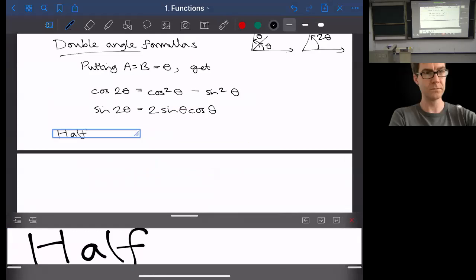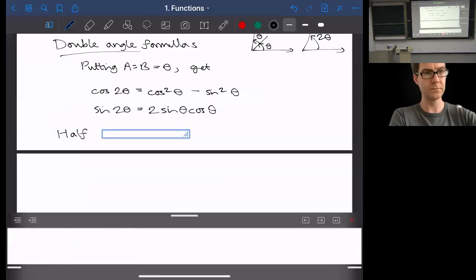So that lets me calculate from sine and cos for theta, lets me calculate sine and cos for 2 theta. What about the other way around?